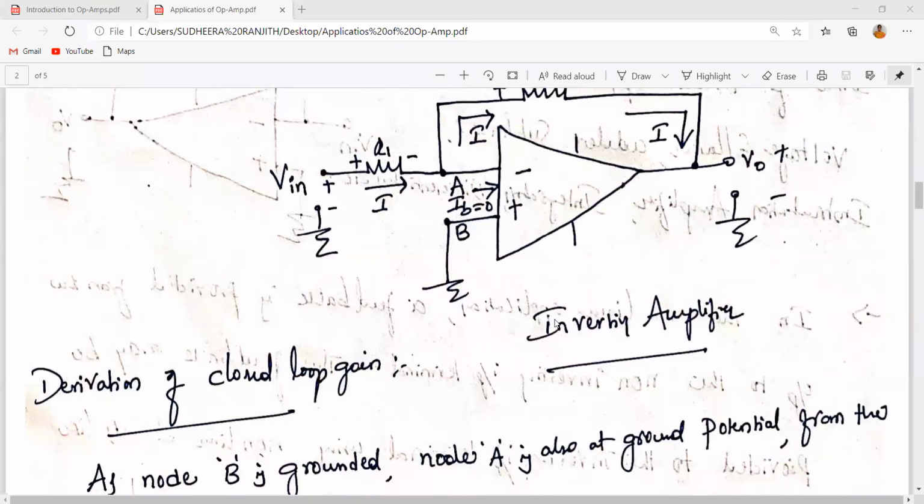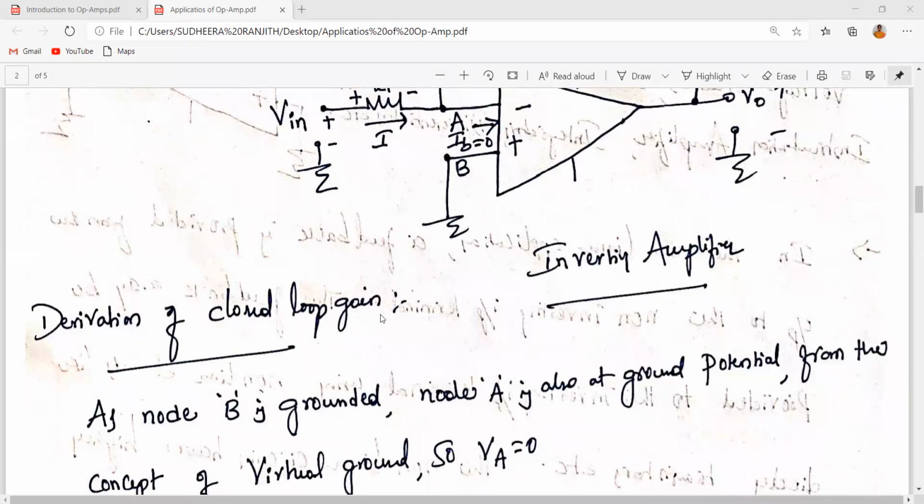We have to do the analysis for every application in this chapter. We have to do some mathematical analysis, right? Especially we have to find the gain and the output. So for this circuit, we have to find the closed loop gain.